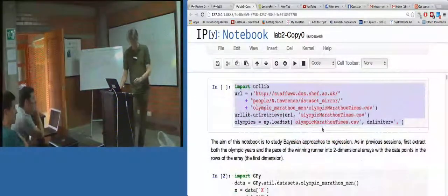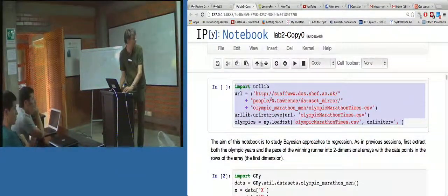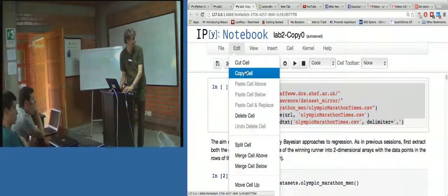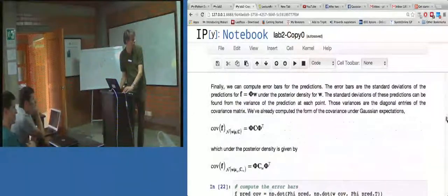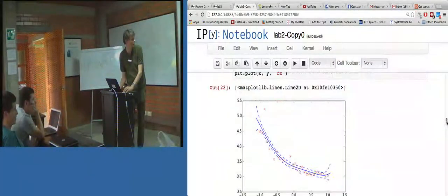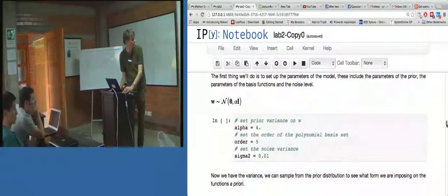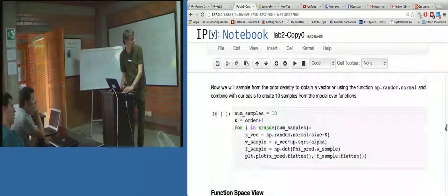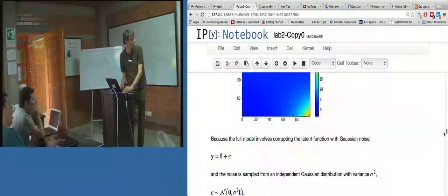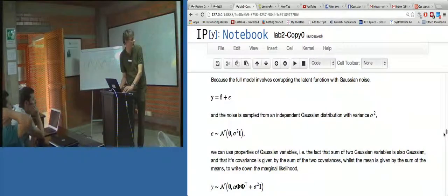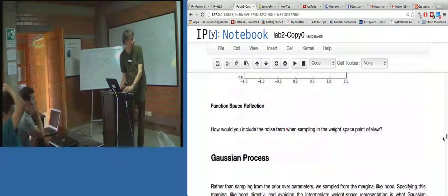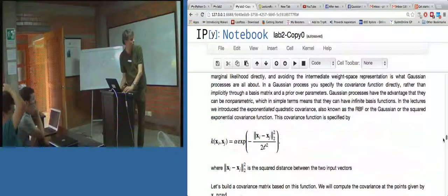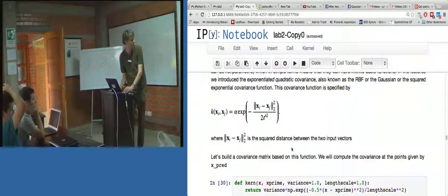Where do we compute? So I could take this, couldn't I? Edit, copy, cell, and then we need to go beyond weight space view, function space view, down here. Okay.